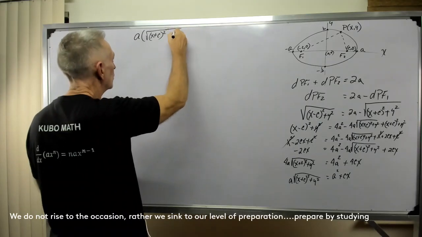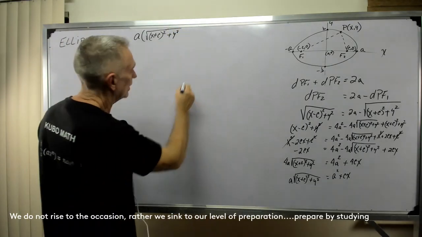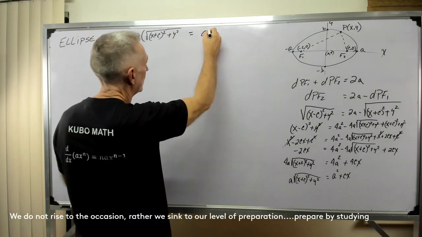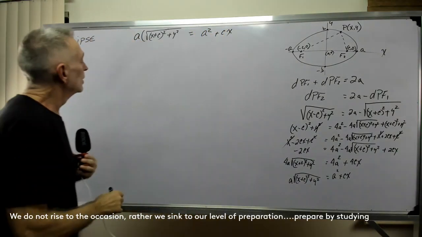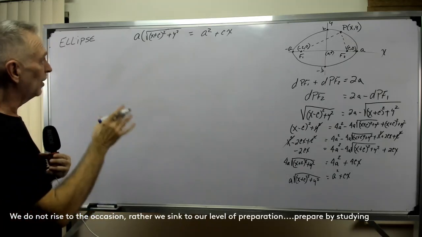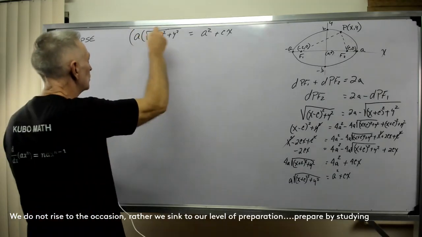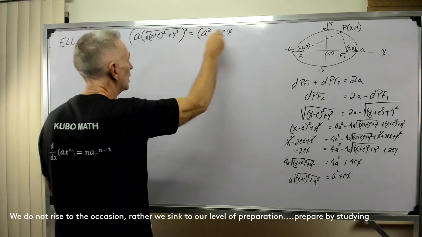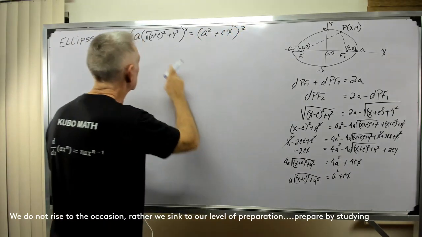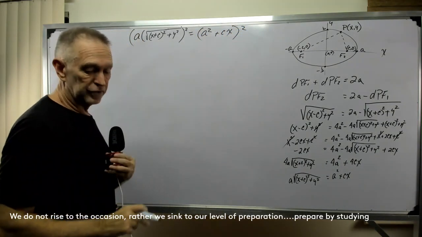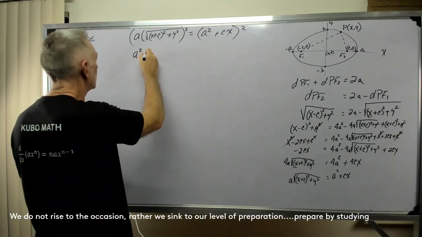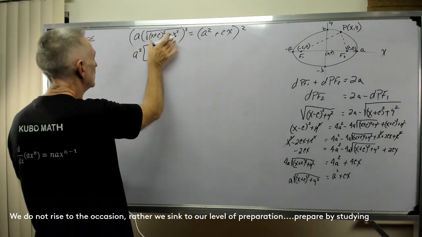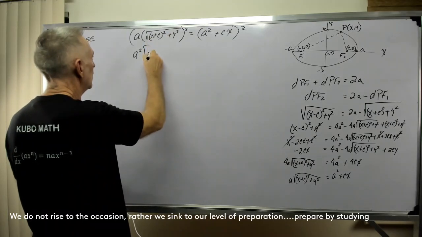That's all under the radical. And that equals a squared plus cx. All right, we're going to square both sides, because I'm trying to get rid of that radical sign there. All right, so I end up with a squared times that under the radical.